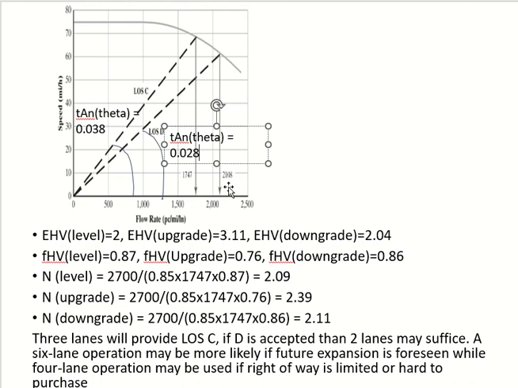One more thing. If one of these values was 1 point something and the other one was 2 point something, how many lanes will you give? 3. Why?